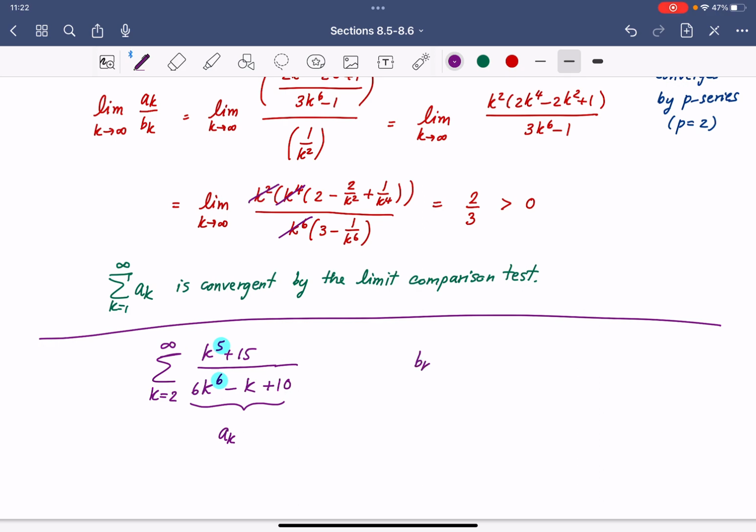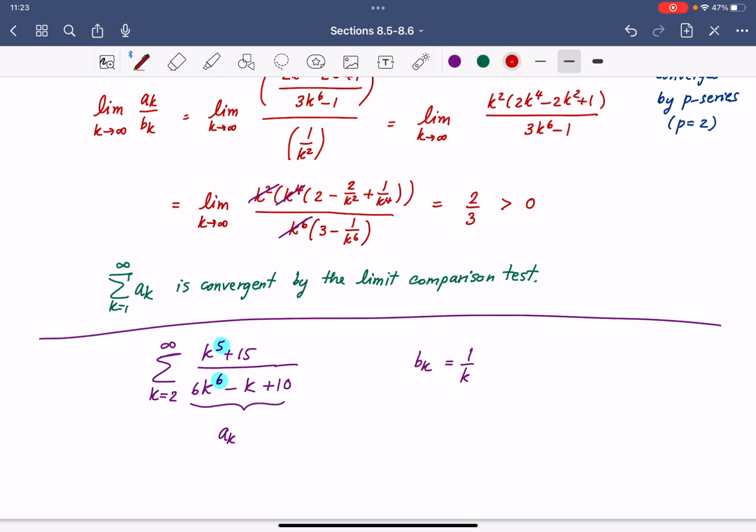So your bk should be, Celine, what is your bk here? 1 over k, right? He's smart enough to say 1 over k. And then what is going to be your answer here, convergent or divergent? You have to take a look at bk, right?